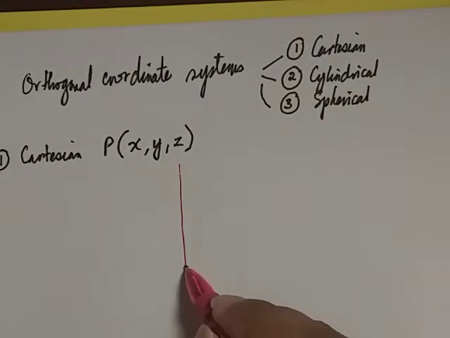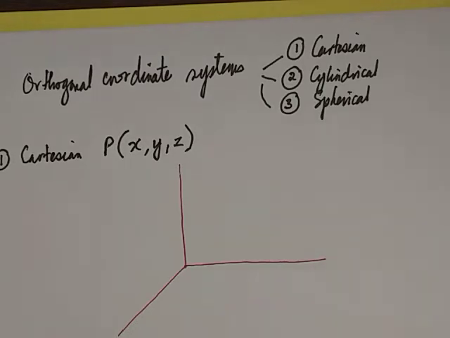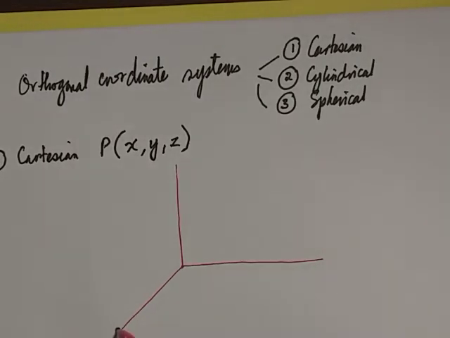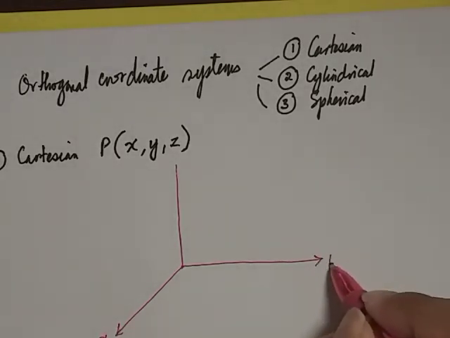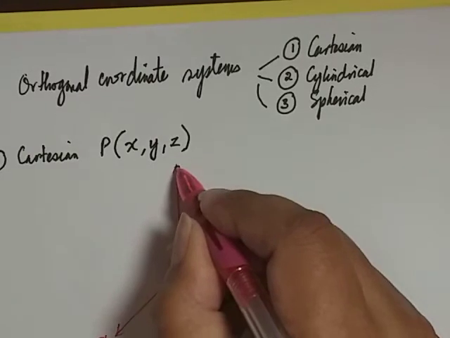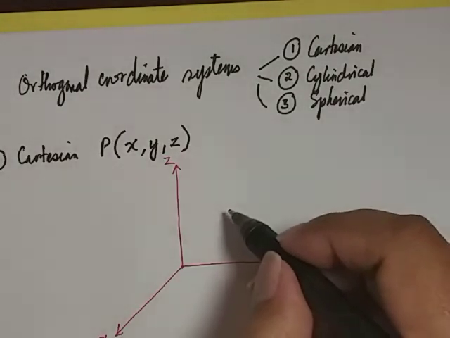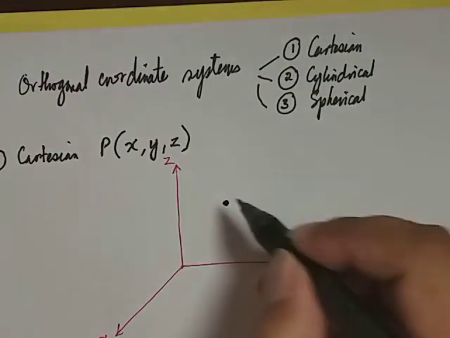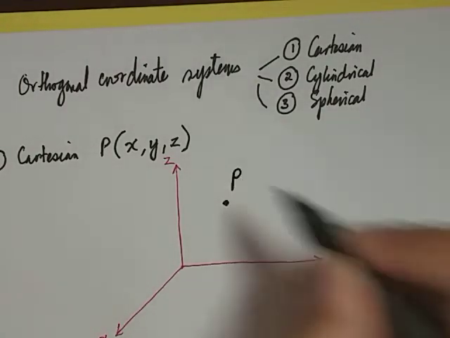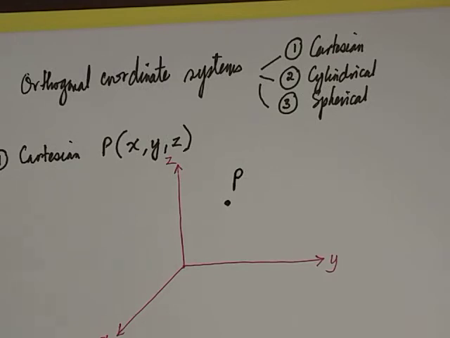Okay, we're going to have 3 axes. This first axis we call the x-axis, then the y-axis, and the z-axis. Our point P, let's say, is located here. So this is our point P. We can represent point P in terms of a vector.